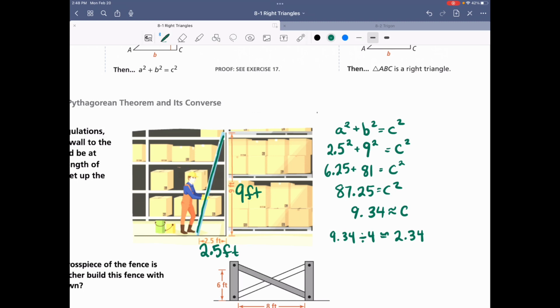So 2.34 is less than 2.5, so 2.5 is greater than. So yes, the ladder is far enough away.